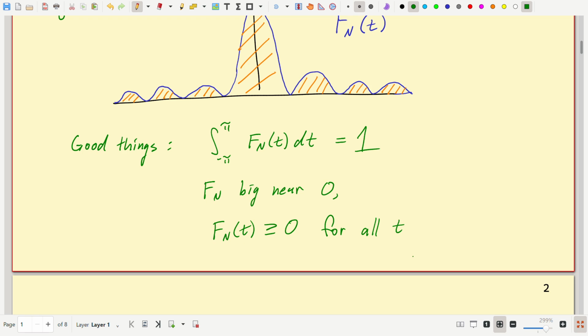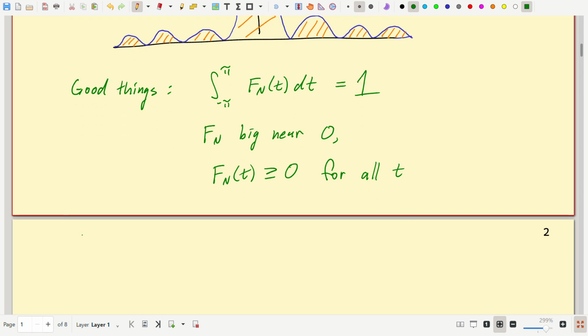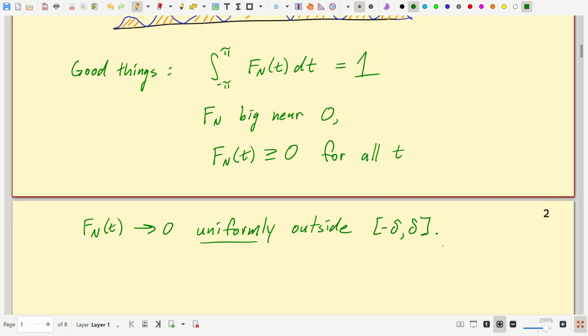And it's going to go to 0 uniformly outside of any small interval like minus delta to delta. So that means the area is going to be concentrated at the gigantic hump, and that's what makes this a good kernel.